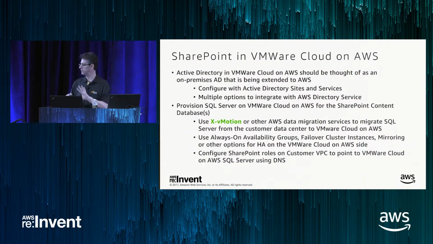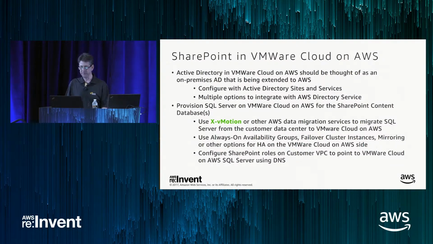And so all of the things that you would need to do with Active Directory, if you were doing it on premises or wherever you're doing native Active Directory, you would need to configure AD Sites and Services. This is important because you still have to take into account your sites and subnets and site link costs and configure all that for an AD architecture.